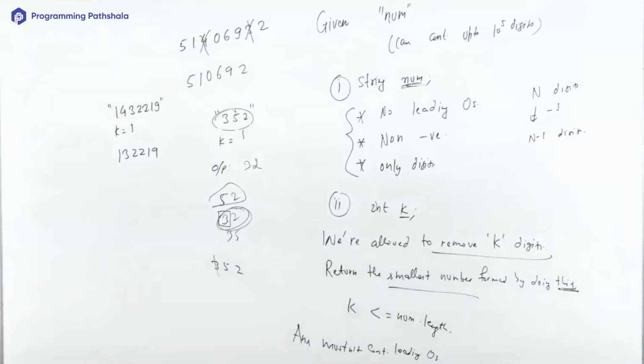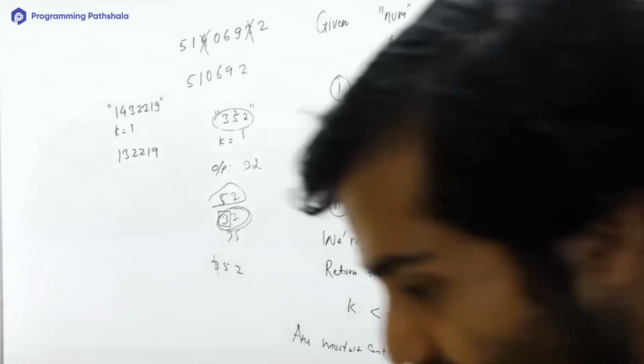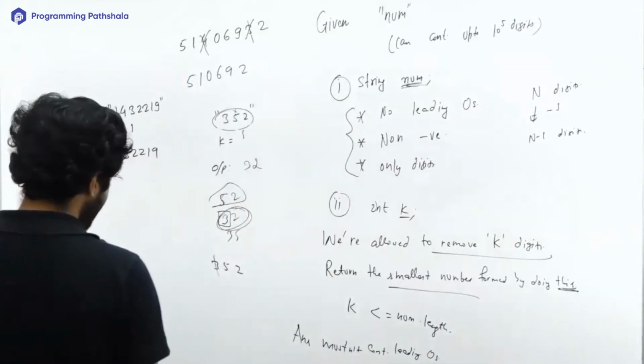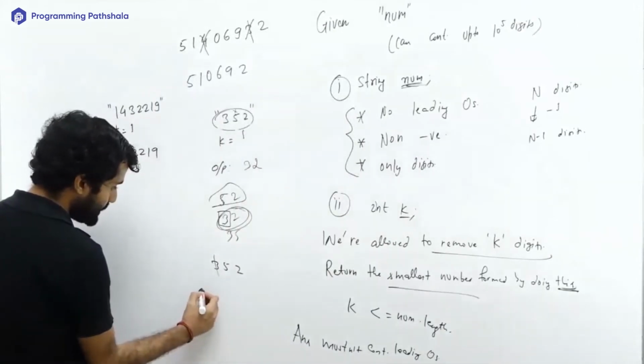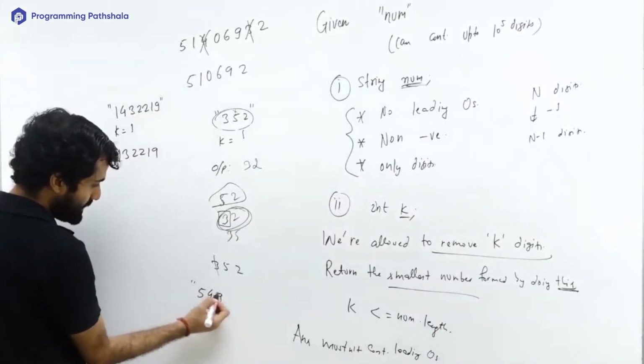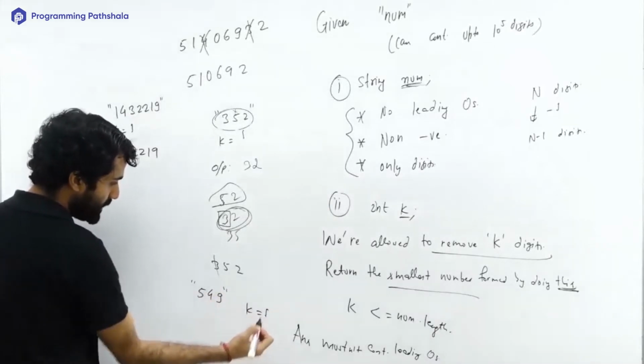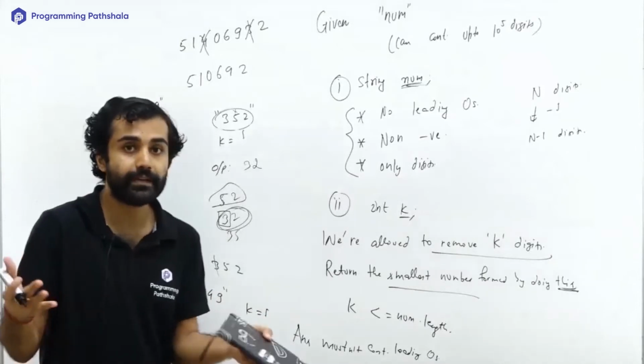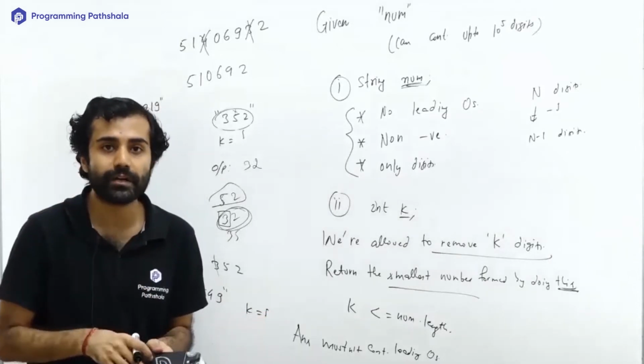One of you is saying remove the first big number k times. First big number. What does that mean? It does not make a lot of sense, right? Because if, let's say, you have been given something like 549, and your k equals 1, and you are saying first big number, that wording is not making sense to me.